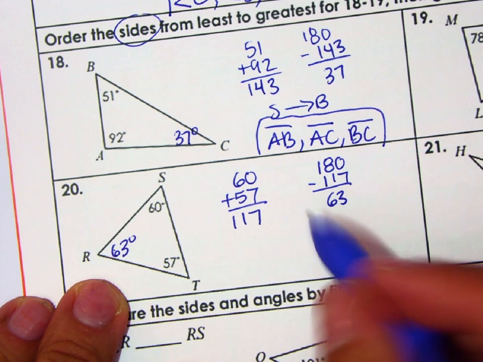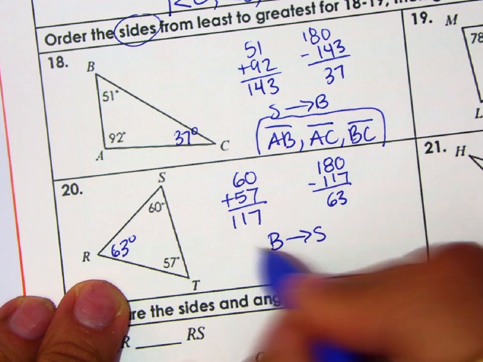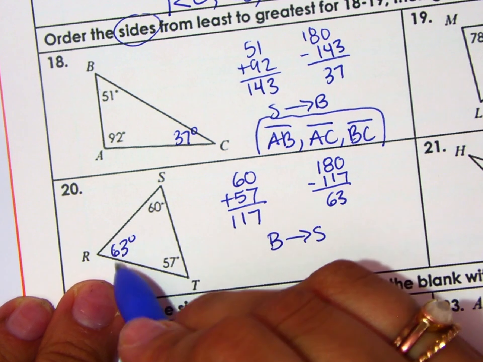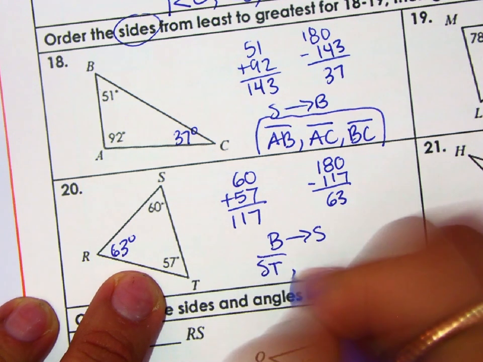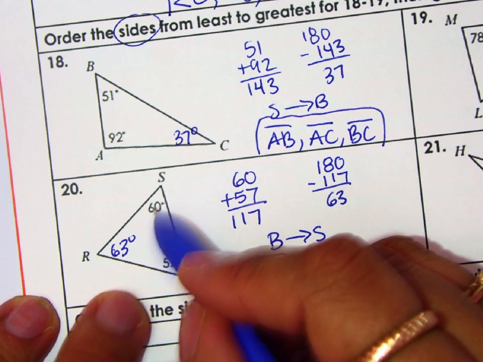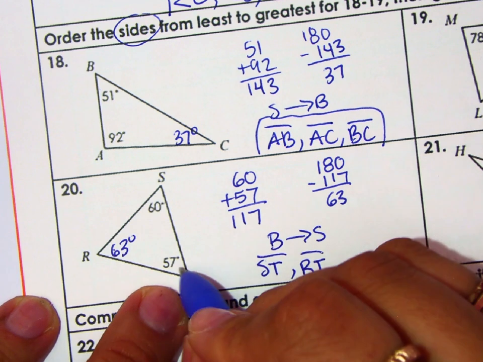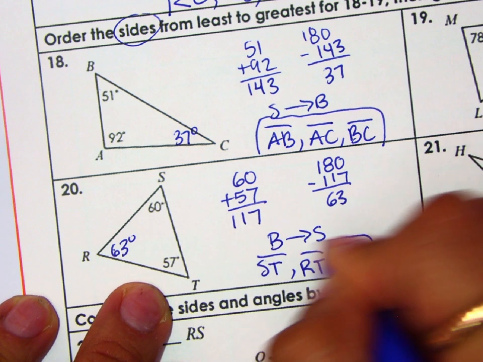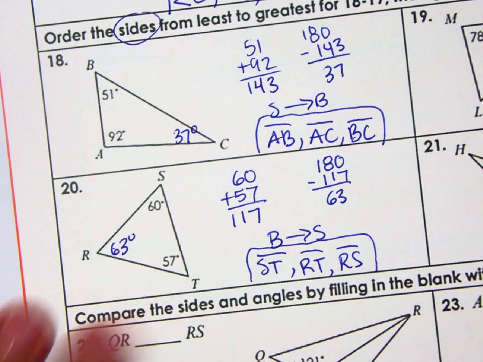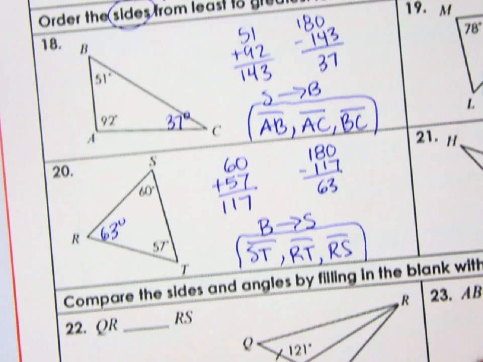So because they want it in greatest to least, we're going to do big to small. Biggest angle here is 63. So across from that is ST, followed by 60, which is RT, followed by 57, which is RS. That's the order of the side lengths from biggest to smallest, greatest to least.